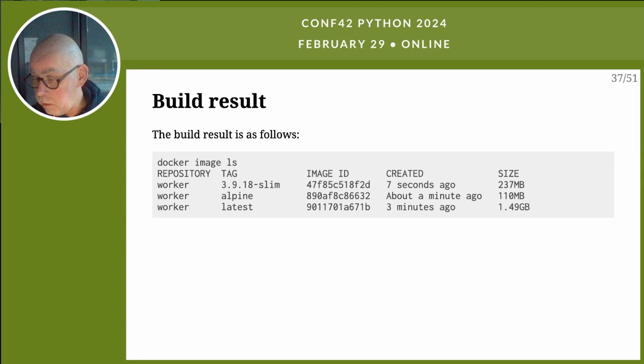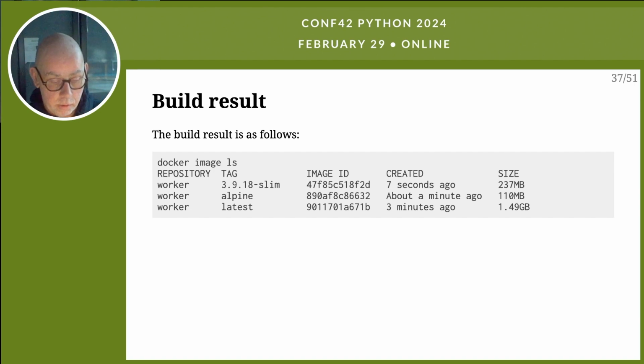Well, the first thing that's interesting to note, without even going into the CVEs, is the difference in size. The result of a build with the Alpine based image results in a container image roughly 110 megabytes in size, which is quite nice.